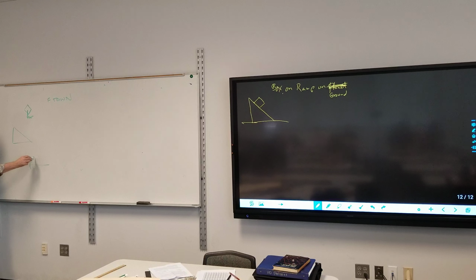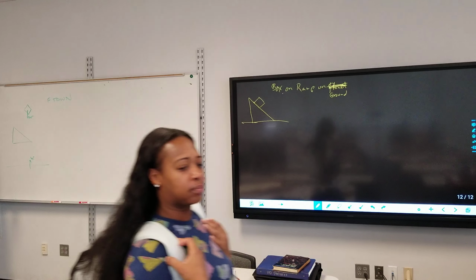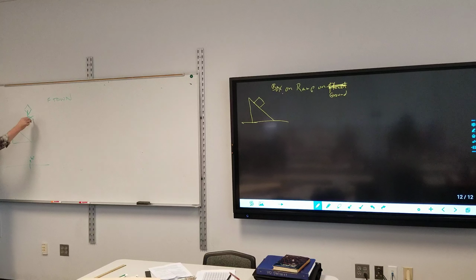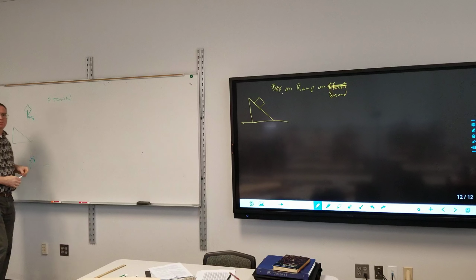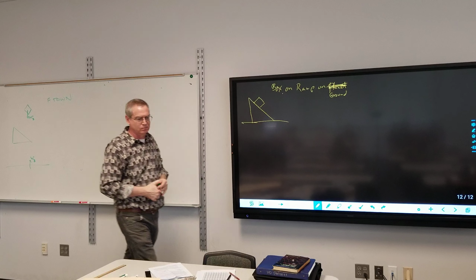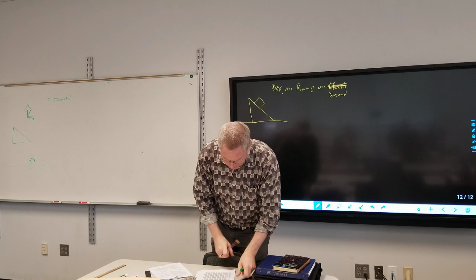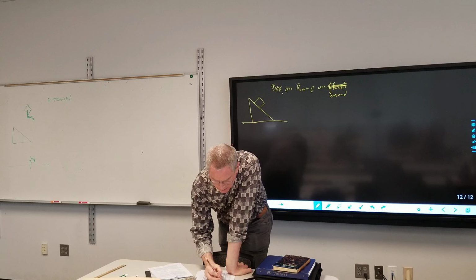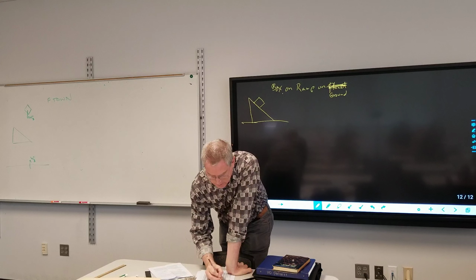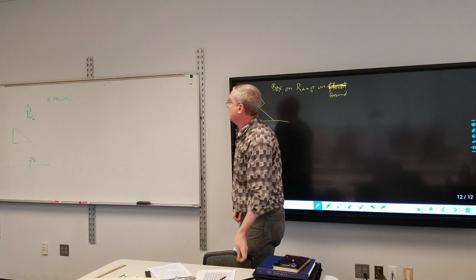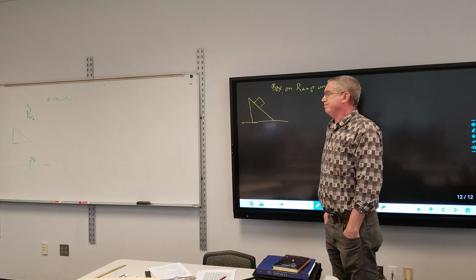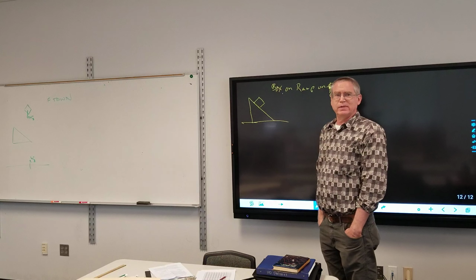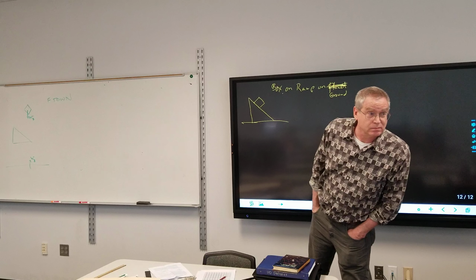Because I do have more than one small object here, I do need to use subscripts, and so I'm just going to use something like B for box. And then you've got ramp and a planet.